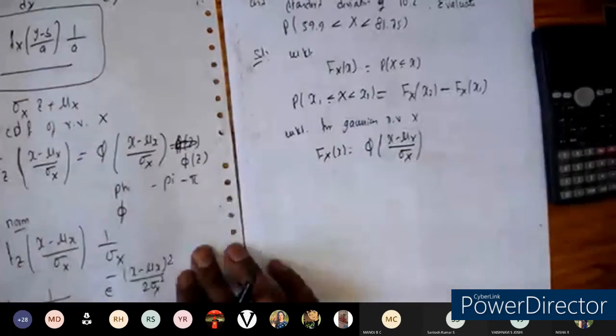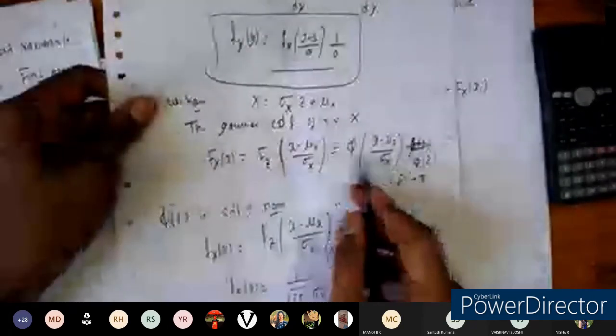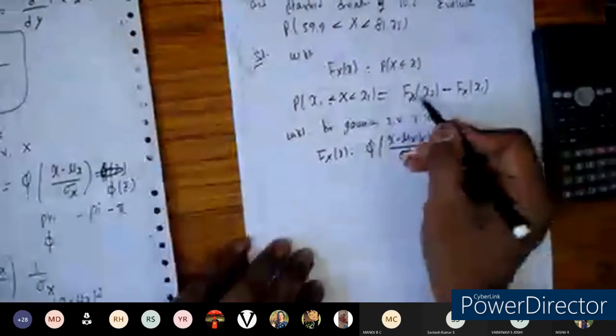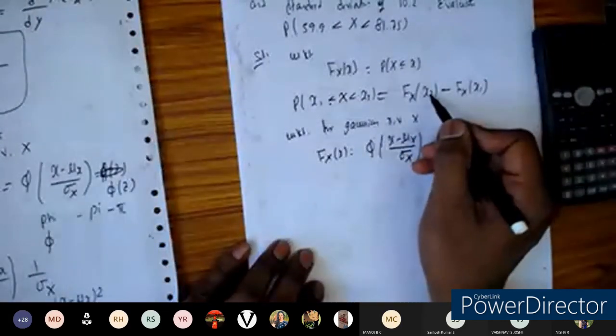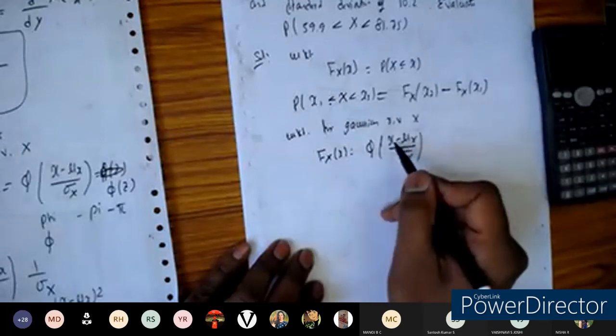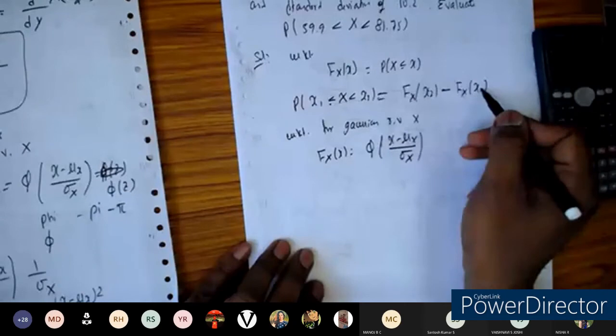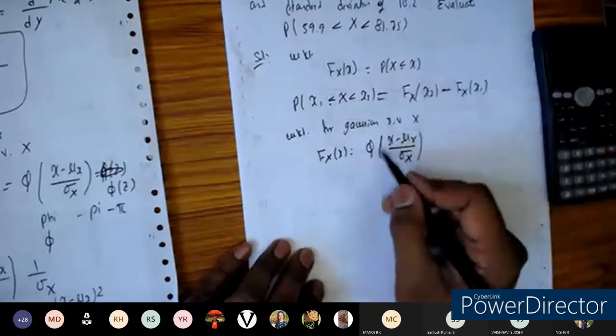This is a relation we already got in the previous concept. Now what we want is Fx(x2), which means in place of x we have x2, and similarly in place of x we want x1. Let us substitute and get the answer.